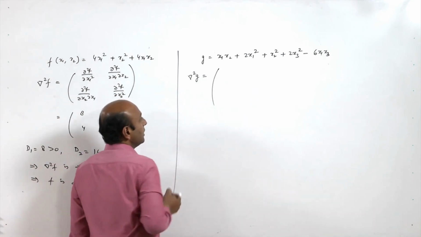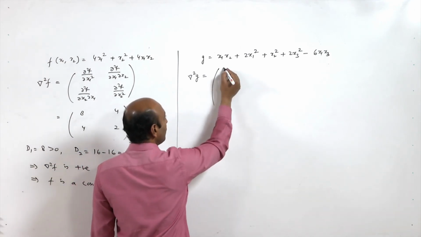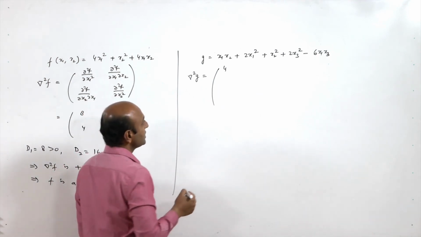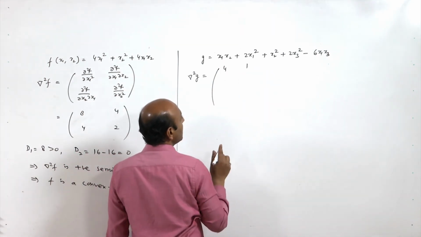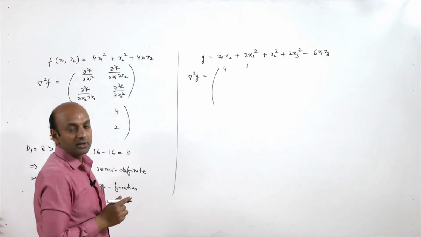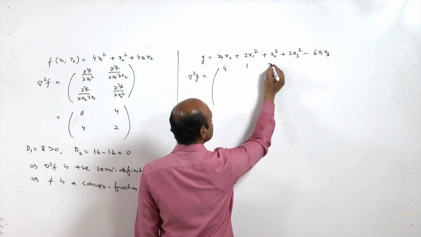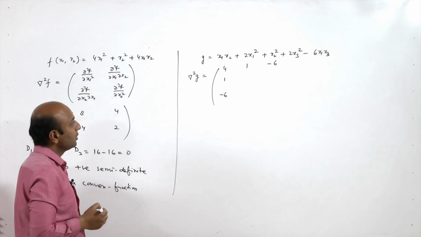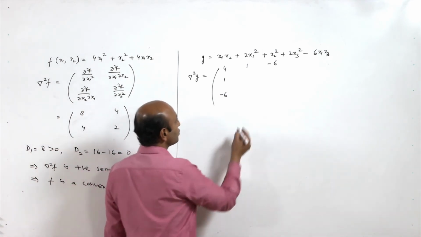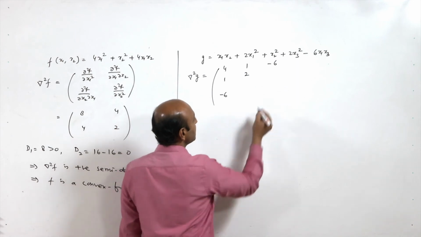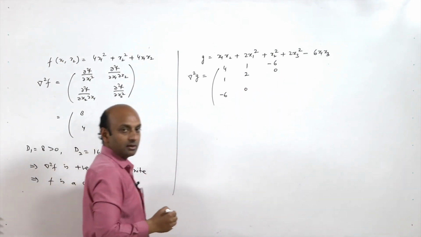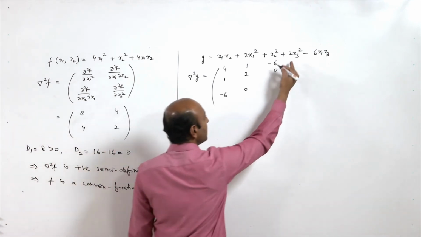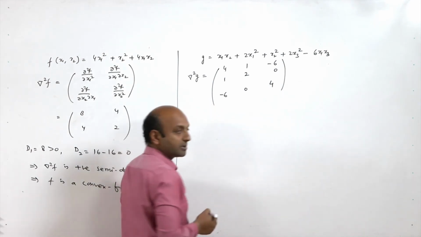First is del square G of del x1 square, which is 4, then del square G of del x1 del x2, which is 1, and then del square G of del x1 del x3, which is minus 6. Now, since it is symmetric, these terms will come here. Now, del square G upon del x2 square is 2, and for x2 x3 it is 0, again symmetric, this will come here, and what is del square G upon del x3 square? From here it is 4. So, this will be this matrix.